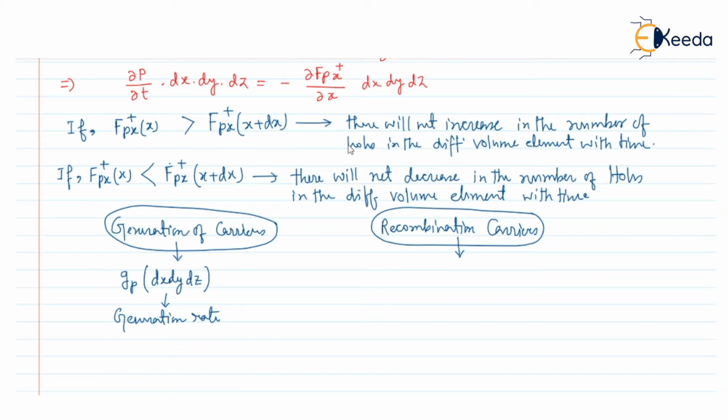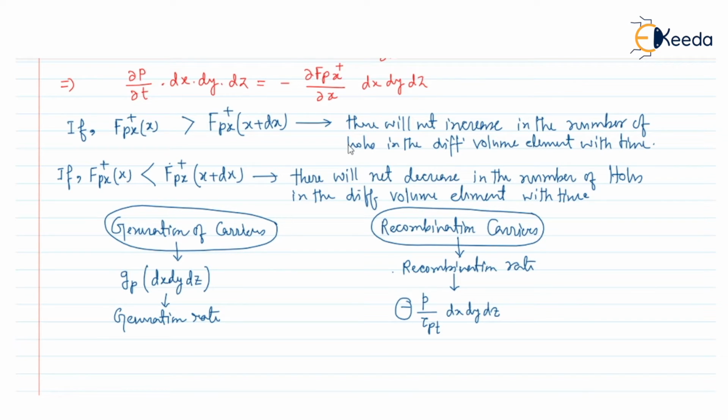So we can say the recombination rate for holes can be written as minus p by tau pt, dx dy dz. And this minus sign comes because due to the recombination, the concentration decreases with time.